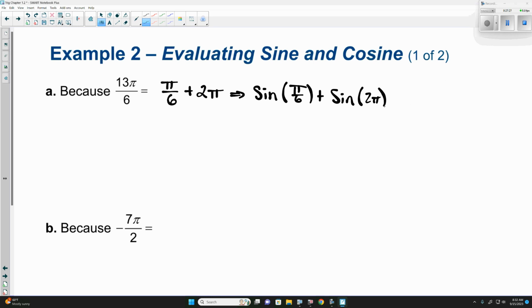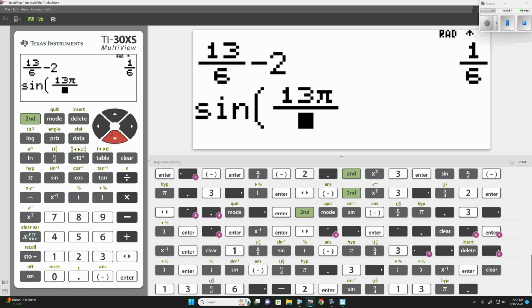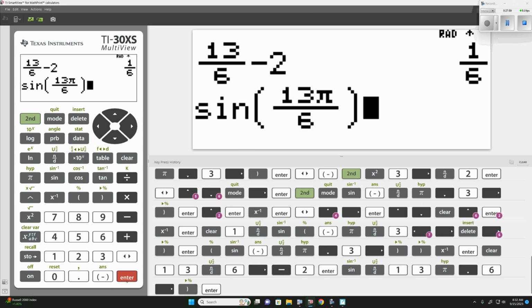Wait, no, I'm sorry, I take that back, because this here is the equivalent version of just sine of pi over 6, because sine of 2 pi is just going all the way around the circle and back to where we were, and we're just adding pi over 6 to it, which in our case is 1/2. Now, if we take the calculator, say sine of 13 pi over 6, close parentheses, 1/2.